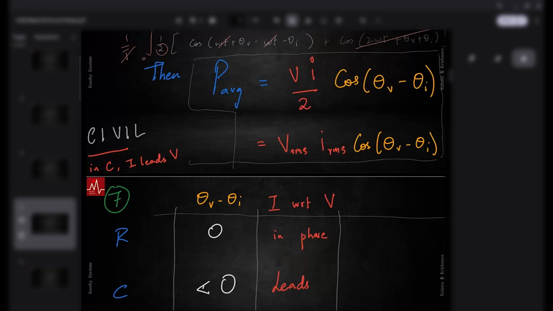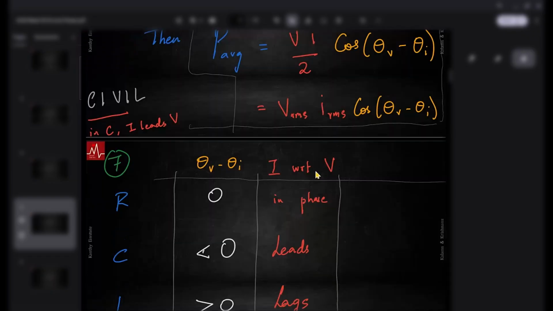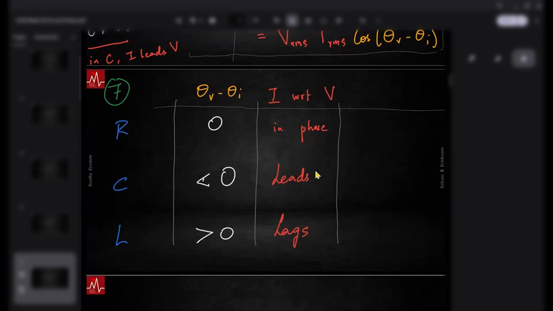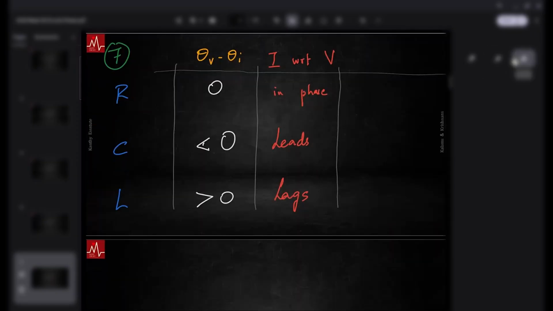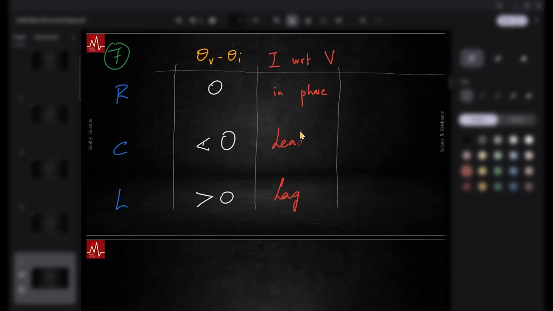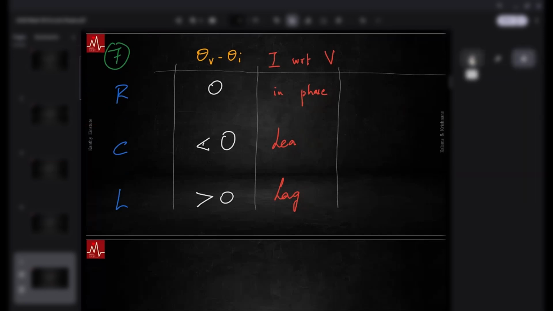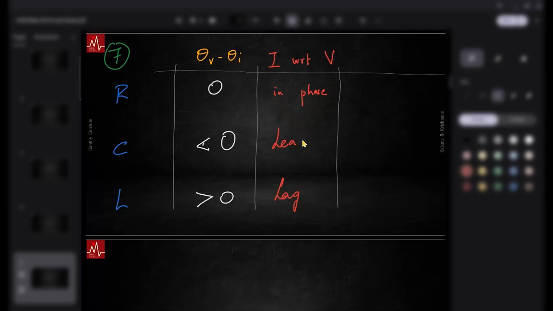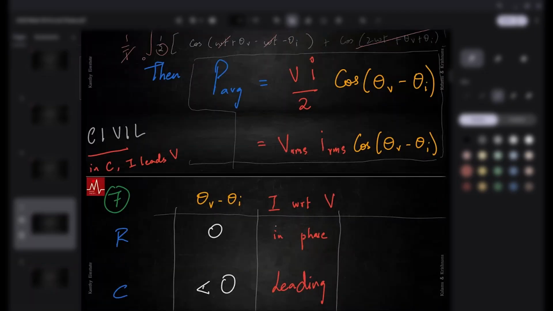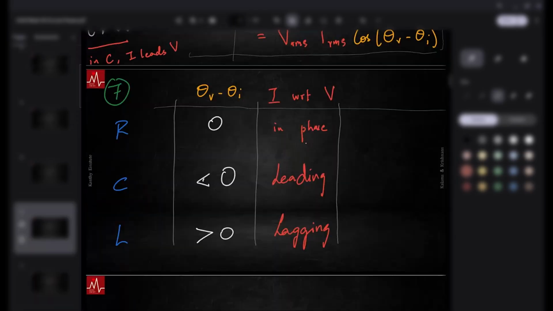And this is leads, lag, fine. Sometimes let's call this leading and lagging. This is what, in fact, I recapped, right? So this is what your wattmeter measures. Now we have to differentiate it from other things.